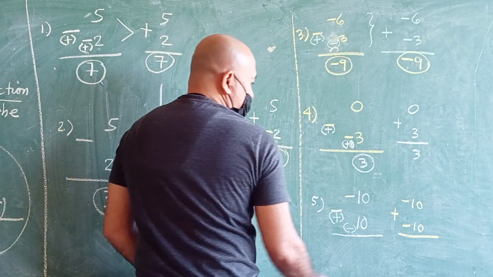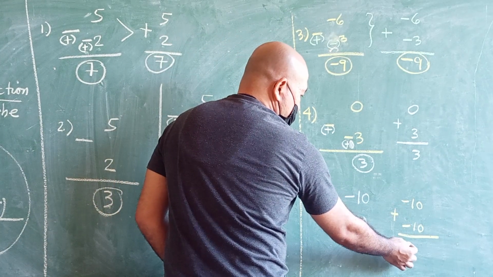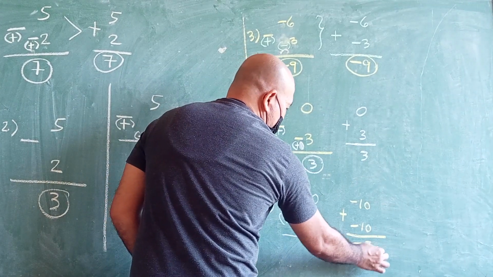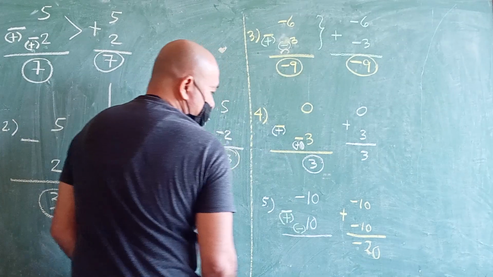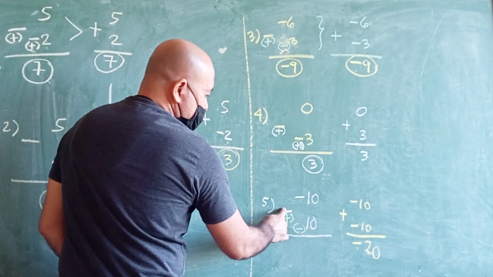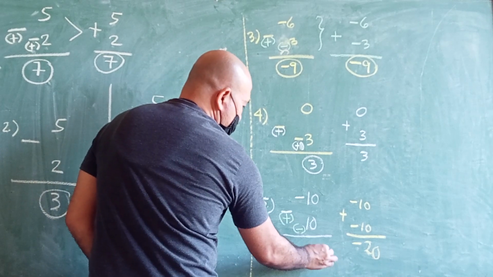So what will happen when you add two of the same signs? Simply, if you still recall, just bring down the common sign and add the numbers directly. So the answer is negative 20. Therefore, negative 10 minus positive 10, the answer is negative 20.